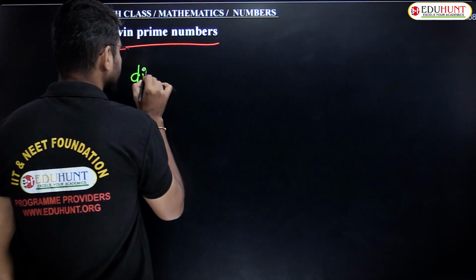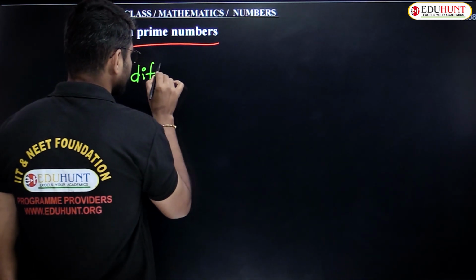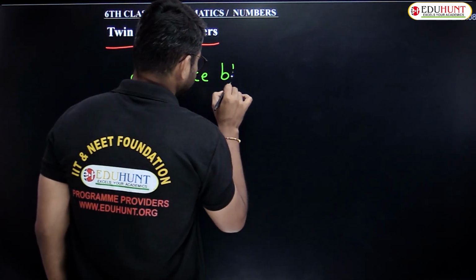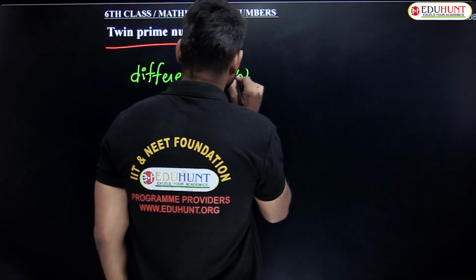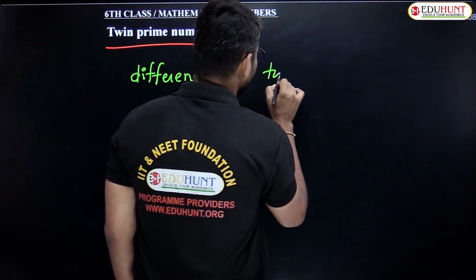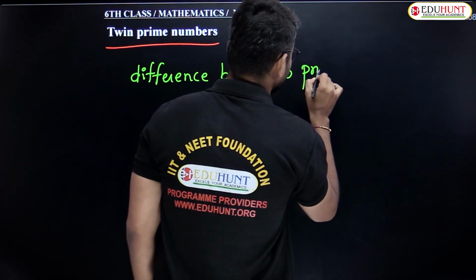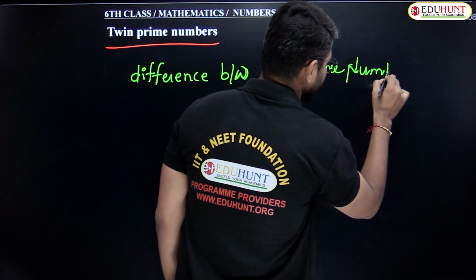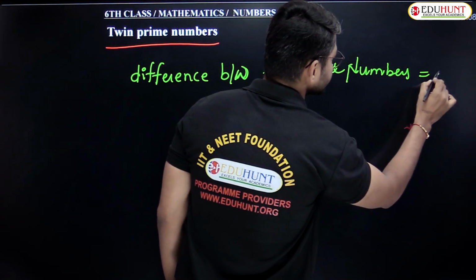The difference between two prime numbers is 2.